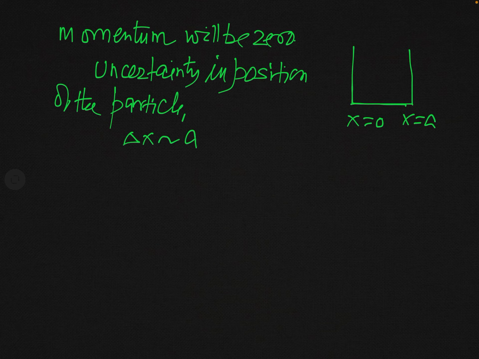And if the uncertainty is of the order of a, then what will be the uncertainty in measuring the linear momentum of the particle? We can find it from Heisenberg's uncertainty principle.